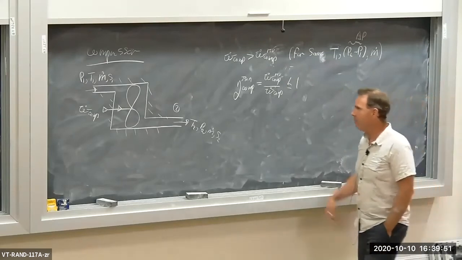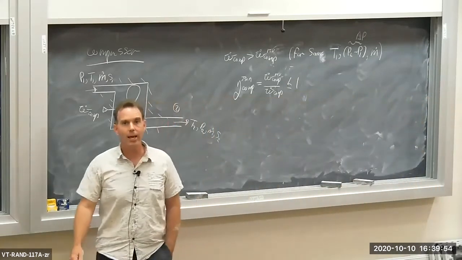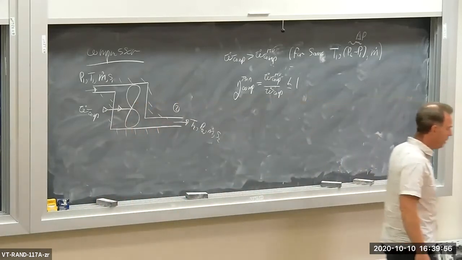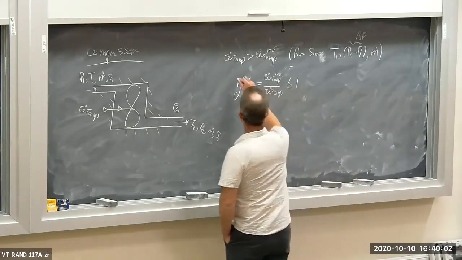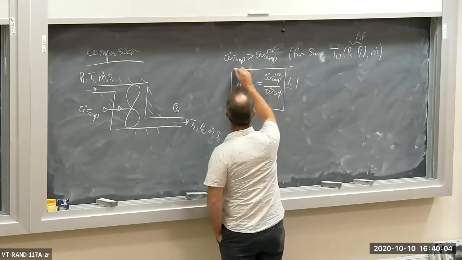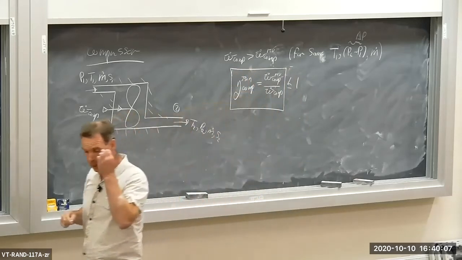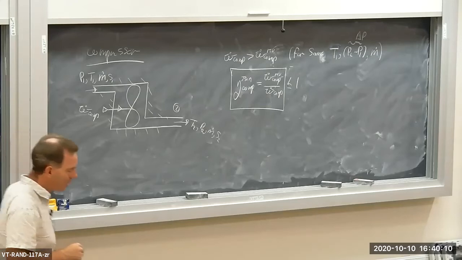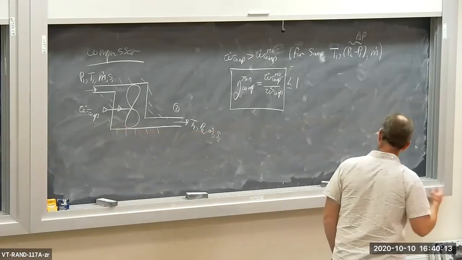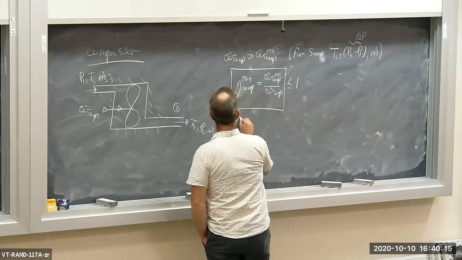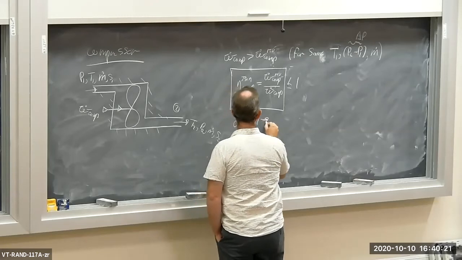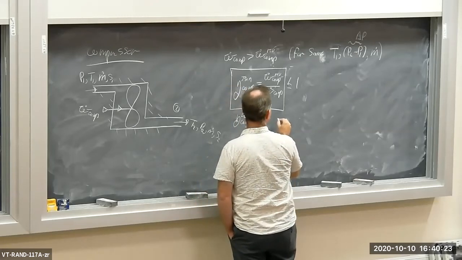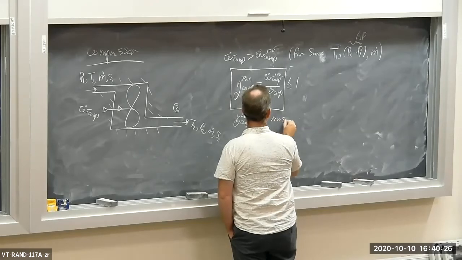If eta isen compressor is equal to 1, then the actual compressor is a reversible compressor. So I put a little box around this: the definition of isentropic efficiency for a compressor is always equal to or less than 1. And if eta isen is equal to 1, that implies the actual compressor is a reversible compressor.